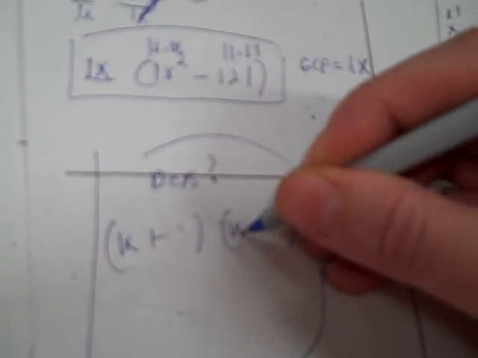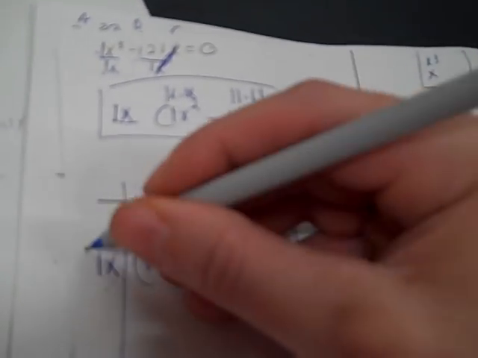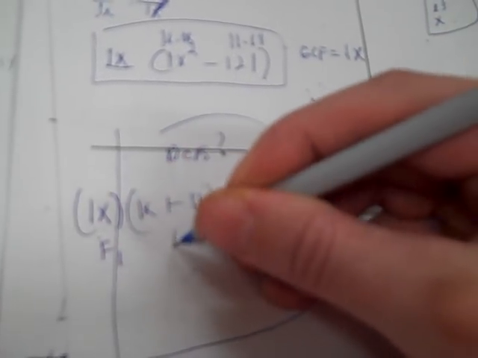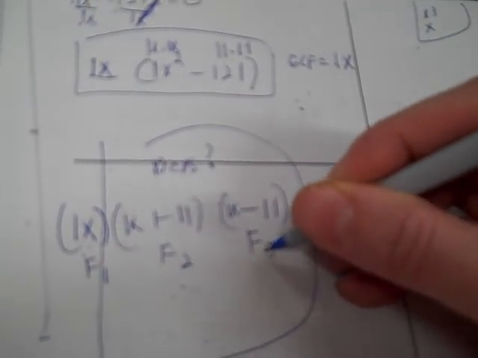So I fill this out, 1x, 11, and 11. And the GCF here is brought down, and it gets its parentheses because it has x. So F1, F2, F3. F1 would be 1x, equal that to 0. 1x plus 11 equal that to 0.